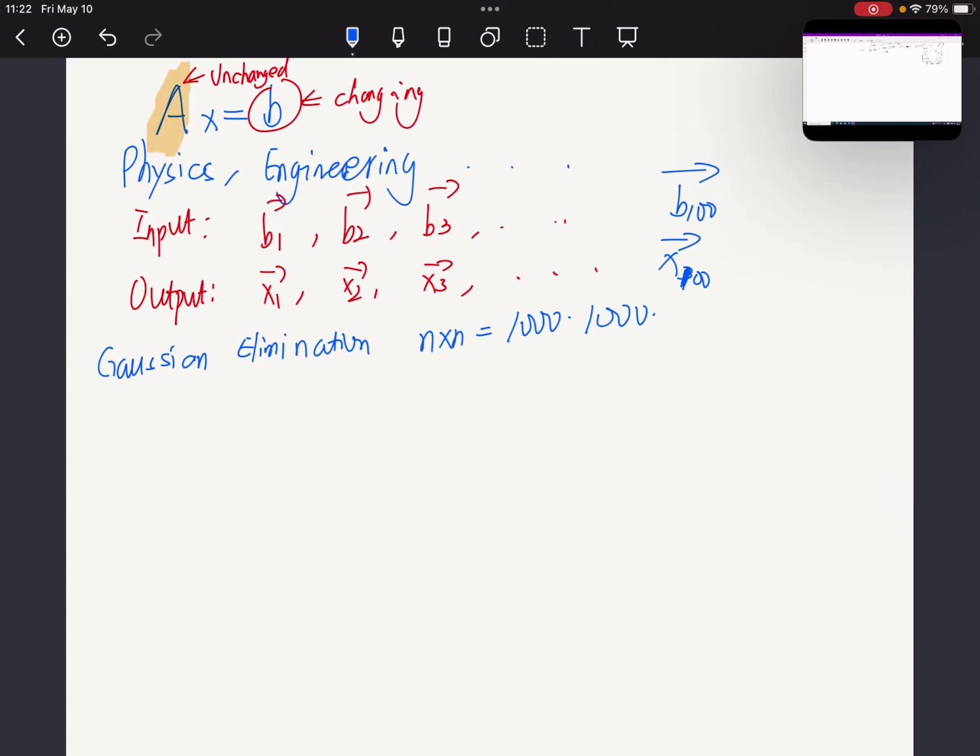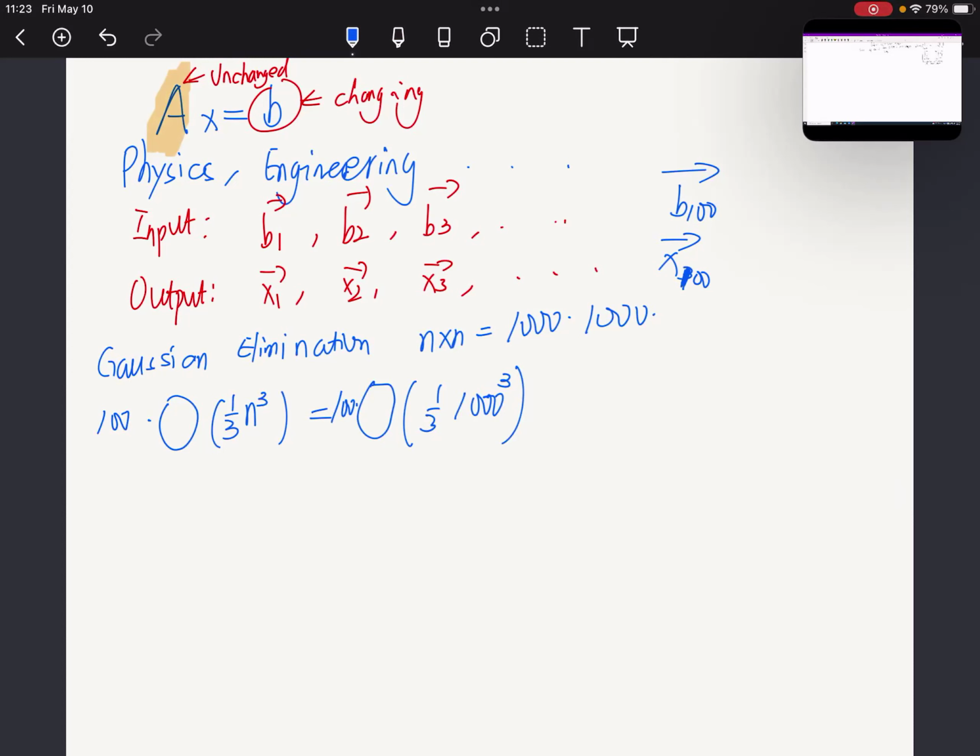For example, one Gaussian elimination is 1/3 n cubed, right? And it's approximately equal to big O of 1/3 times 1,000 cubed. But here we have 100 inputs, which means that we have 100 times this big O operation.